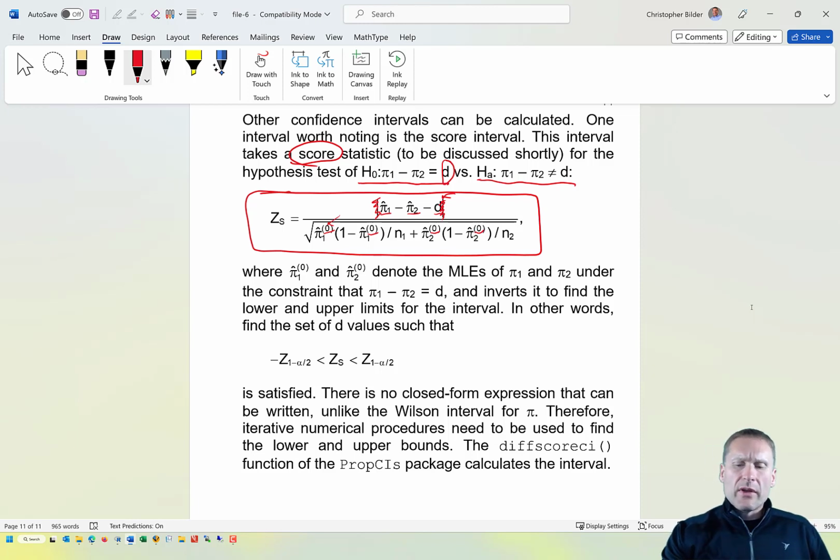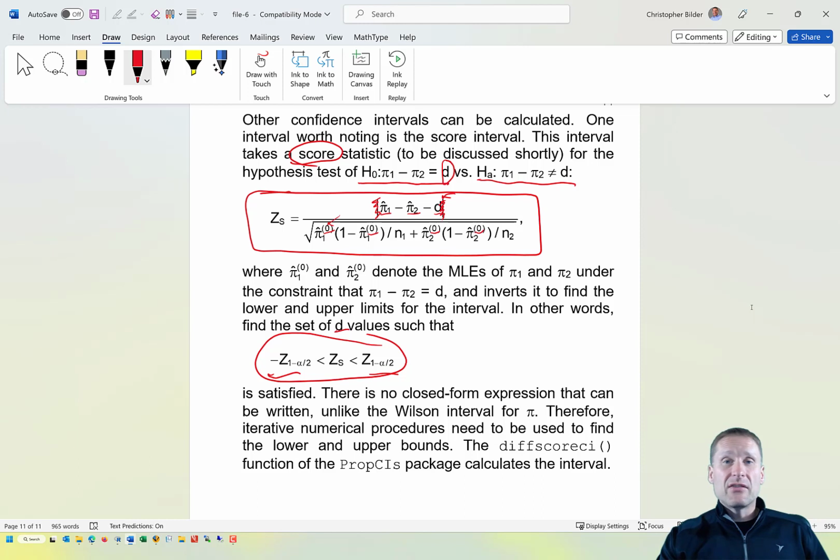Then what we do is find the set of d values such that my test statistic is inside what you would normally think of as the critical values for this hypothesis test. So we check, for example, if d is equal to 0, is z sub s between these two quantiles for my standard normal? If so, that value of d equals 0 is going to be within my confidence interval.